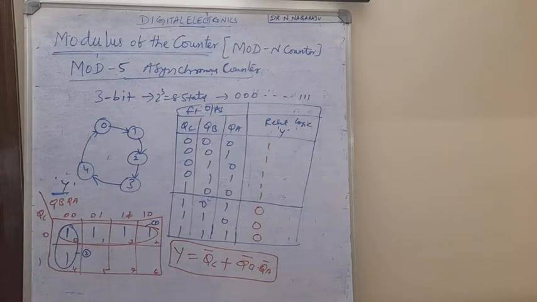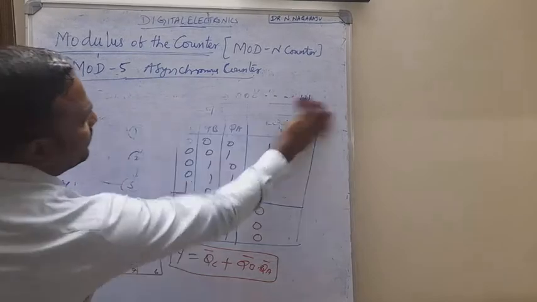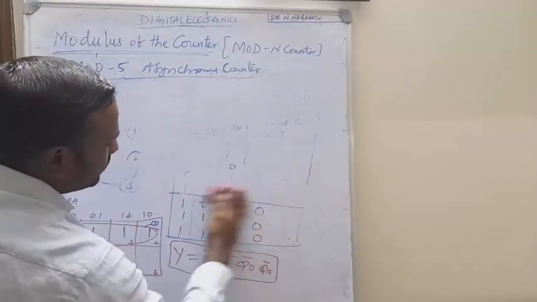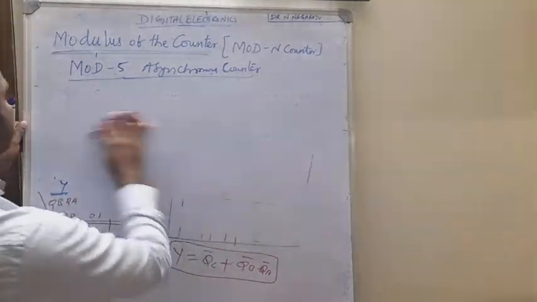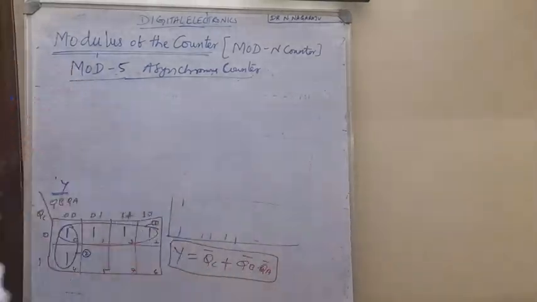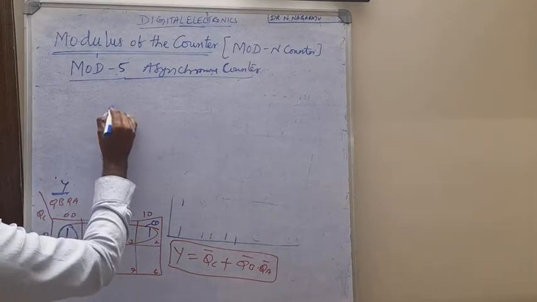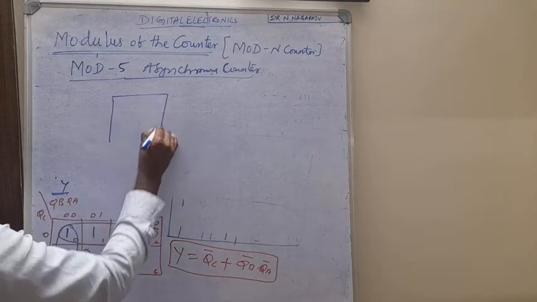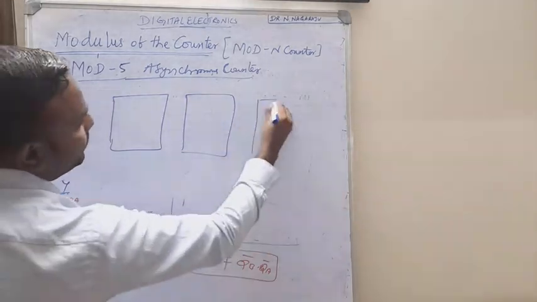Okay. Now I am going to design the logic diagram for this one. So for the logic diagram, you just draw the 3-bit counter first. The same procedure I have already explained in the previous video. So that is the 3-bit asynchronous counter. 3-bit means what? You need 3 flip-flops, right? So this is the first flip-flop, second flip-flop, and third flip-flop, right?